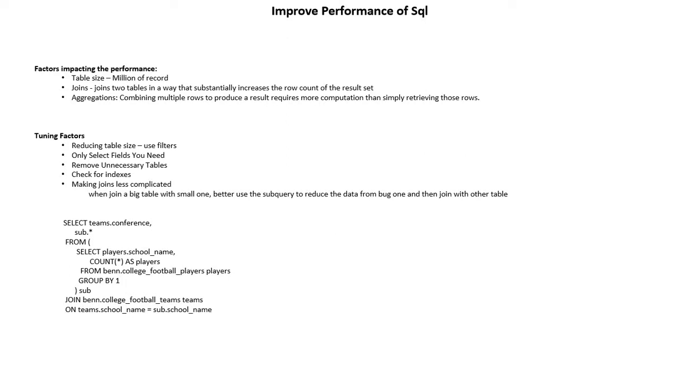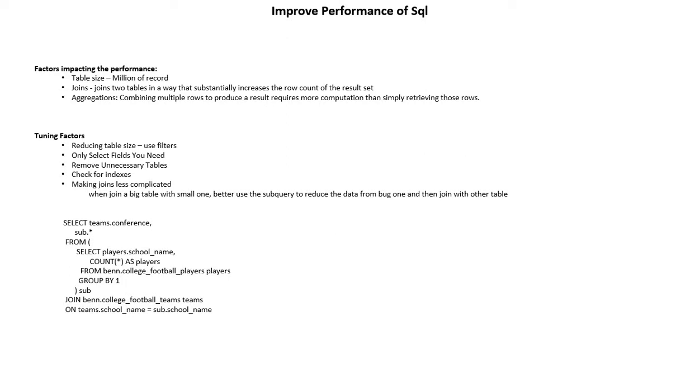The other thing is joins. We mostly use joins to connect two tables, take the common data and do some aggregations or a number of other things. Let's say I have 500 rows in one table and 500 rows in another table.